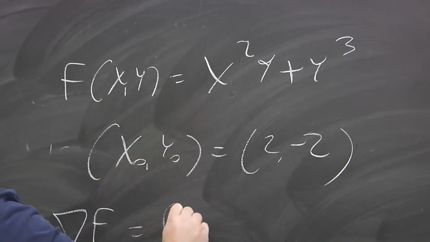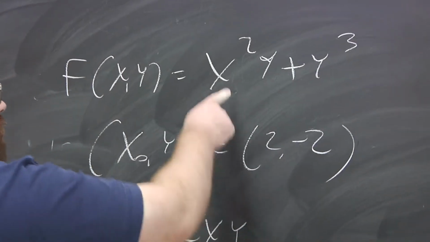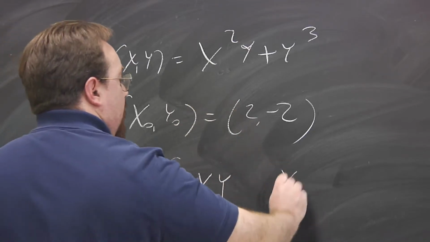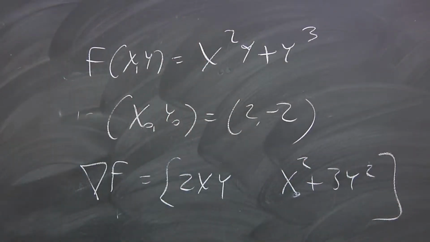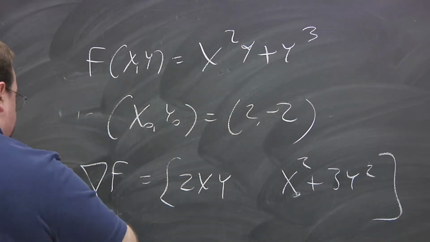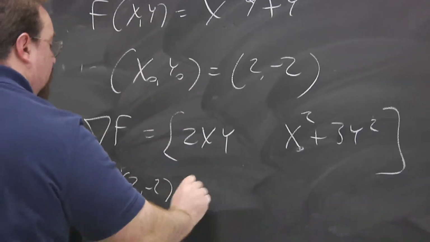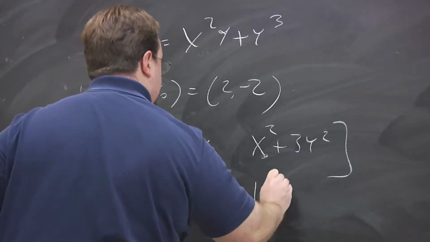So it's going to be 2xy for df dx, and then the derivative with respect to y is going to be x squared plus 3y squared. What that means is if we evaluate this at this point, 2 and minus 2, the vector we get is minus 8 and 16.